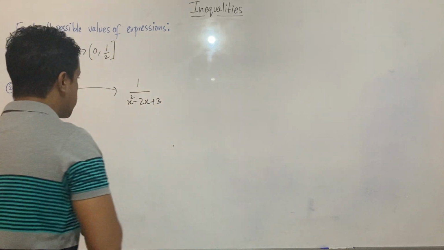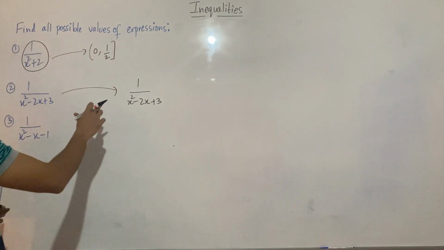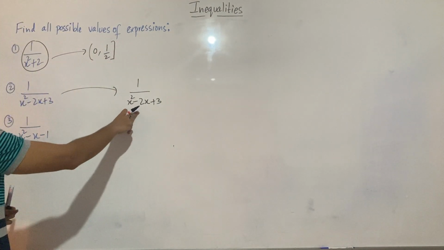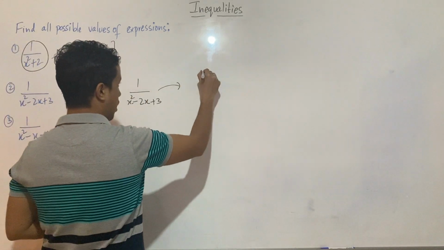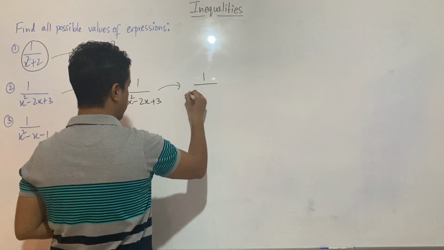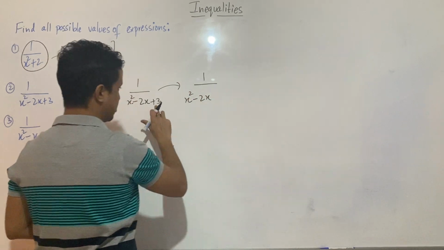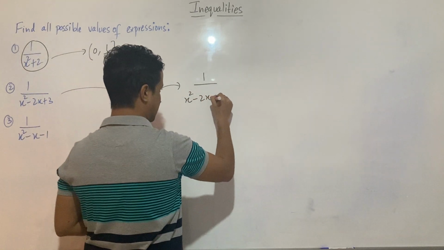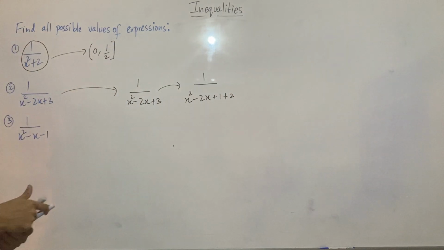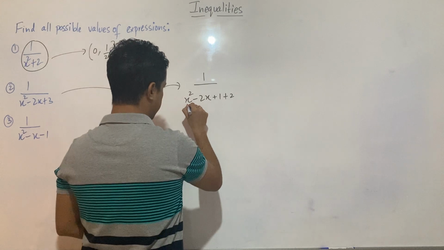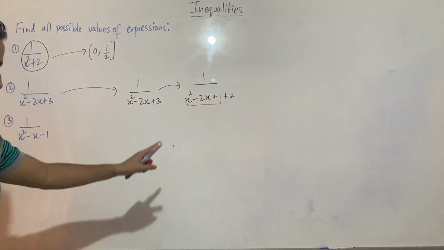So here I have x square minus 2x, right? So what if I write x square minus 2x, and this 3 I break into 1 plus 2. Now if you look at this, what is it going to be?